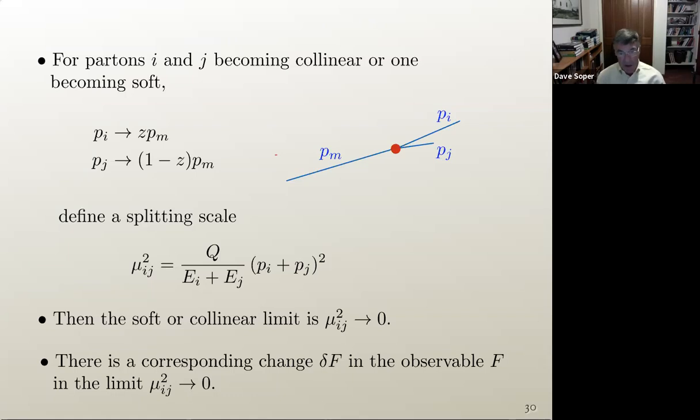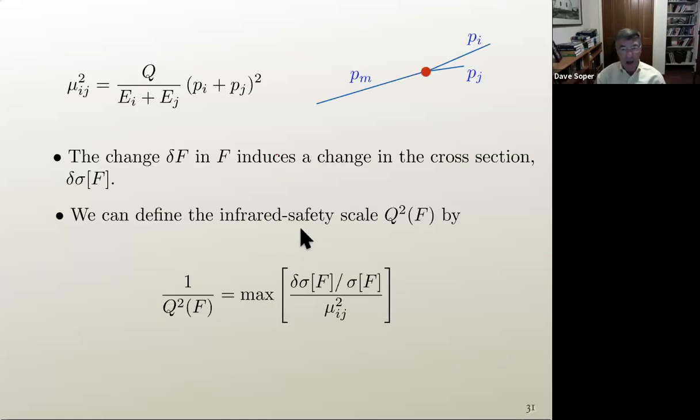But if mu squared was something and then it goes to 0, there's a change in F, for mu squared not 0 minus mu squared equals 0. F here is your observable. So the question is, how much does F change? Well, the change in F induces a change in the cross-section. And the change in the cross-section we could call delta sigma.